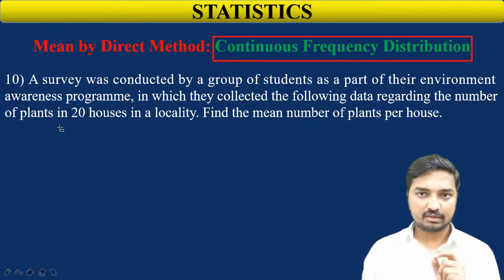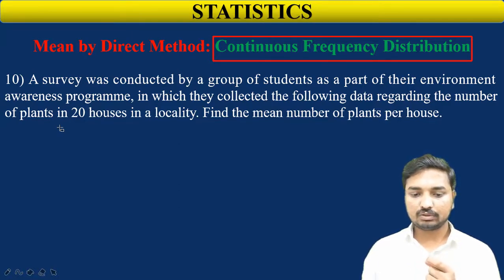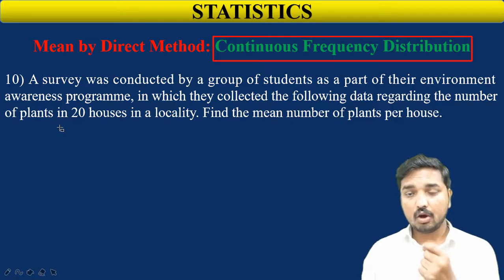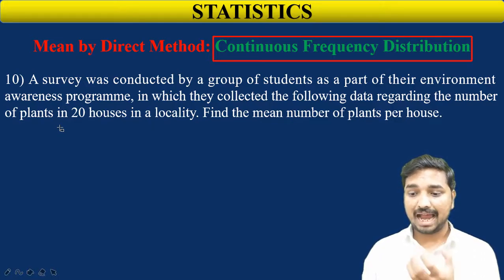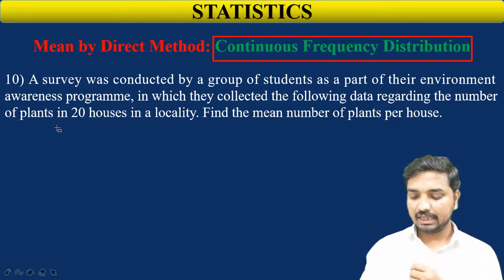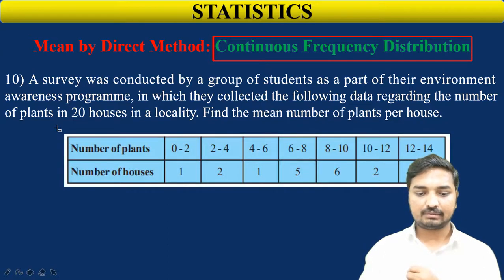So 20 houses are surveyed in a locality, based on how many plants are there in each house. The data collected is like this.